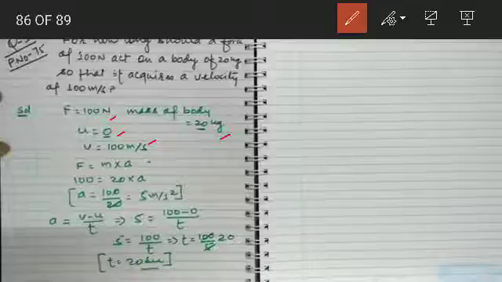As we know, force is mass into acceleration. First we calculate the acceleration, which is 5 meter per second square. Also the formula of acceleration is v minus u upon t. Placing all the values of acceleration, final velocity and initial velocity, the time came out to be 20 seconds.